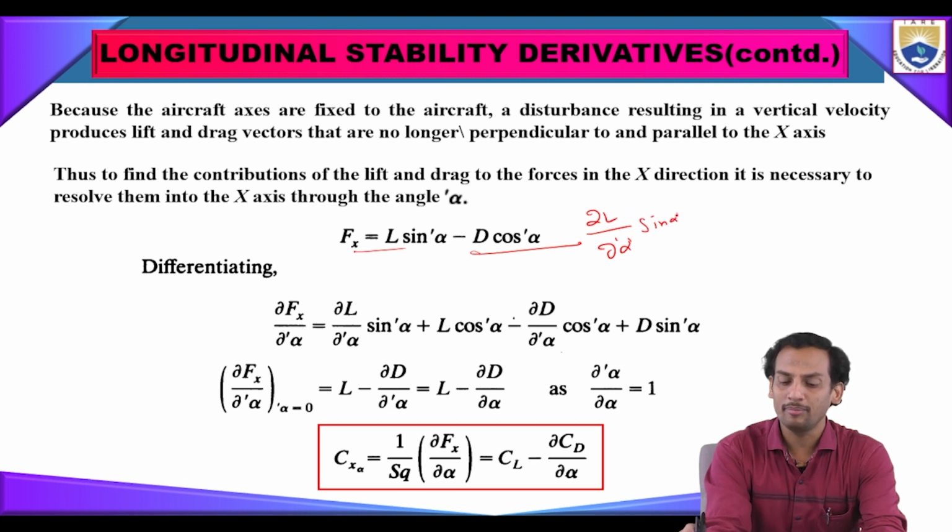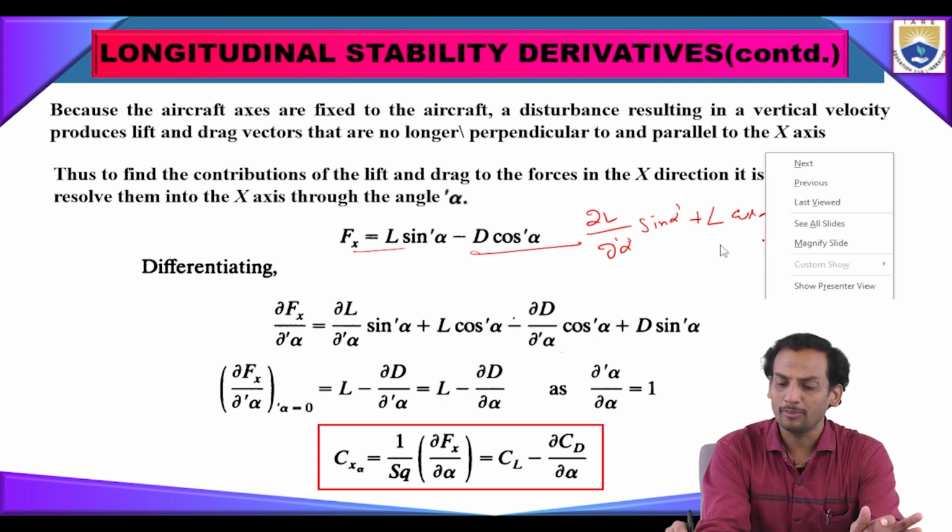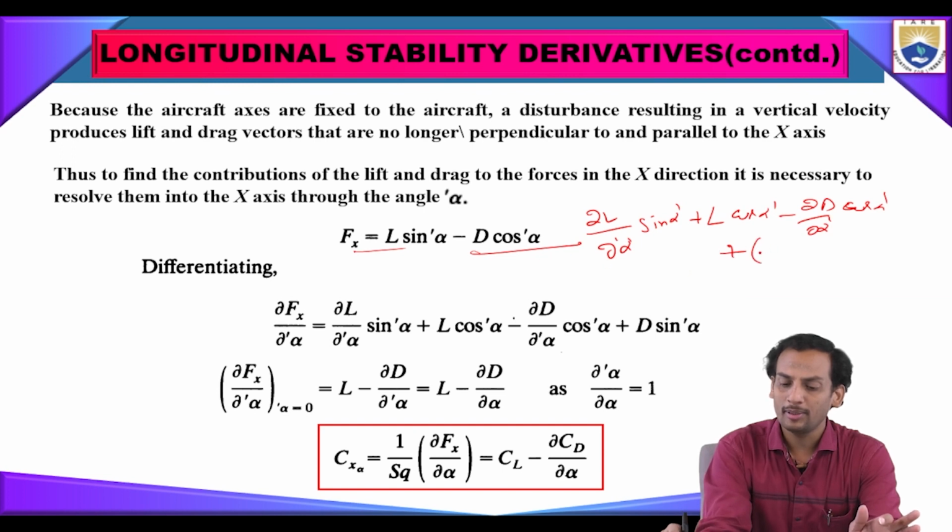The sin alpha prime plus, if you make this as sin theta, it will be cos theta. So that will be L cos alpha prime minus, same for D also, dou D by dou alpha prime cos alpha prime plus, cos alpha will give minus sin alpha, so D sin alpha prime.